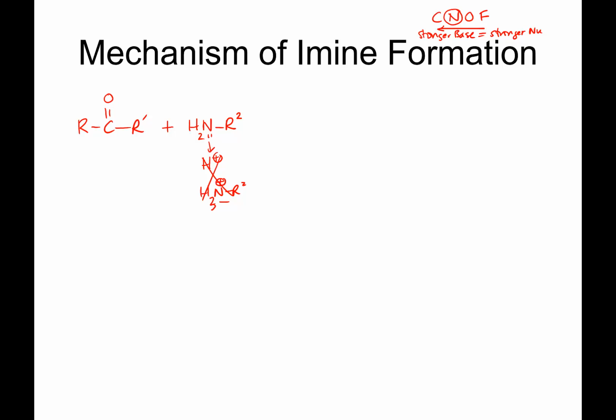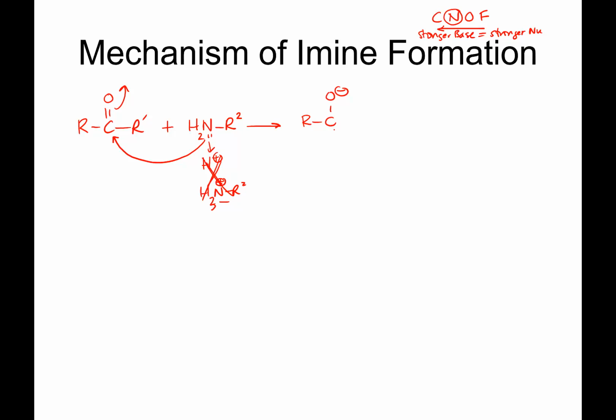So I needed acid when I reacted my aldehyde and ketone with water or alcohol. I don't need the acid here because, number one, it'll screw up the reaction, and number two, nitrogen is a strong enough nucleophile. So the nitrogen is going to come over and directly attack the carbonyl.